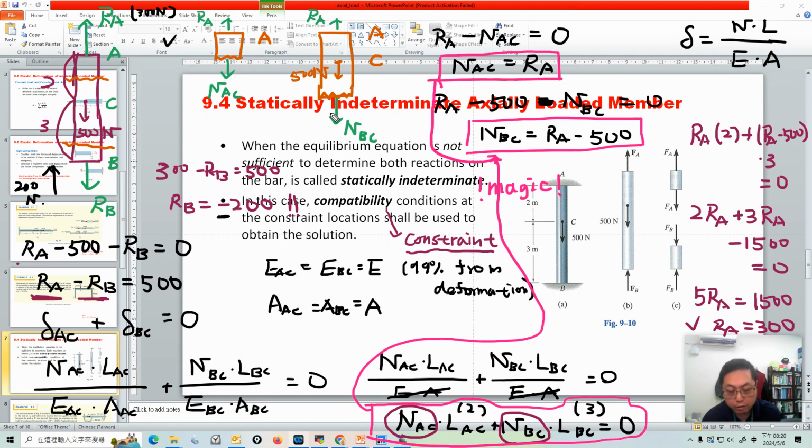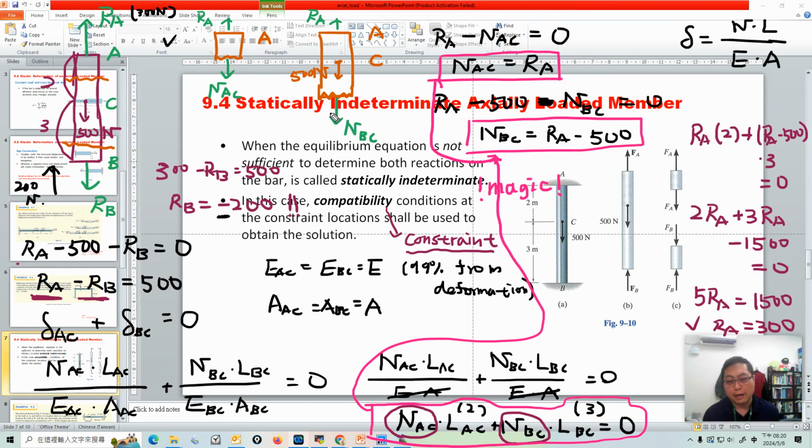For the next two or three slides, I will have some statically indeterminate problems in axial loading members, and I have made some videos for that. So just watch the videos and practice by yourself. Because these problems are very similar to each other, I don't think I need to explain them one by one in class.